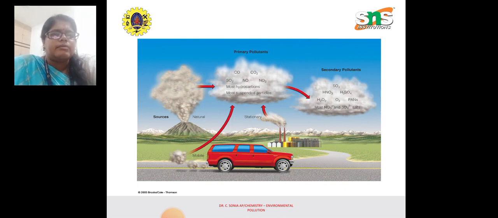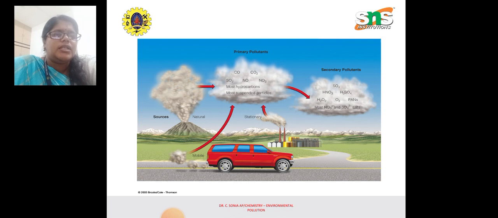In this diagram, you can see the natural and artificial sources of air pollution. Natural sources include volcanic eruptions; artificial sources include industries and vehicles. The primary pollutants, carbon monoxide, carbon dioxide and sulfur dioxide, are produced from both sources.